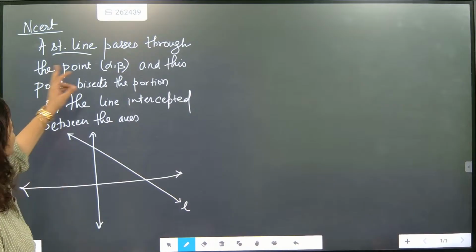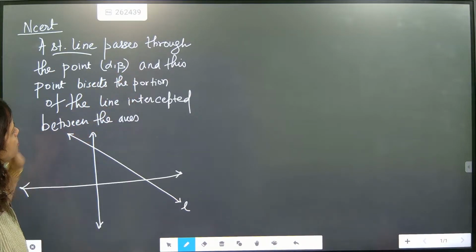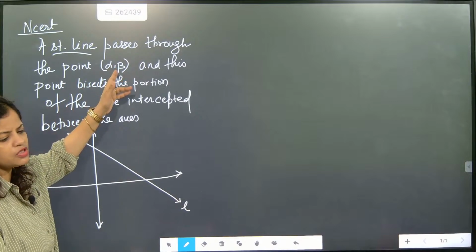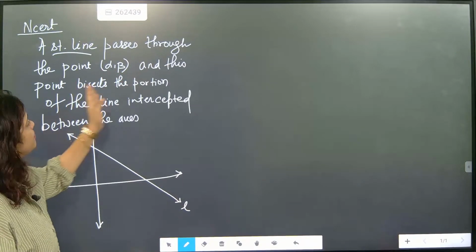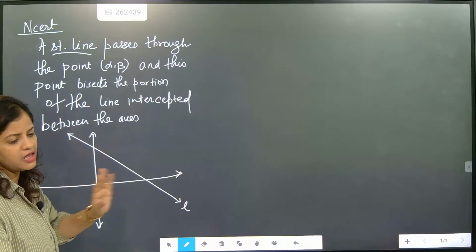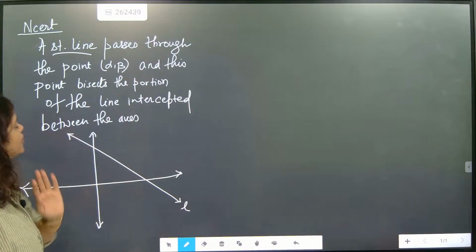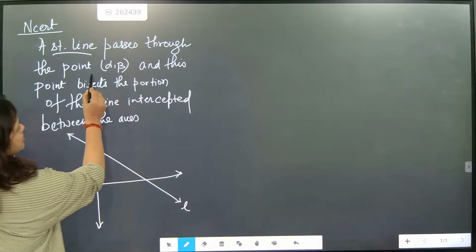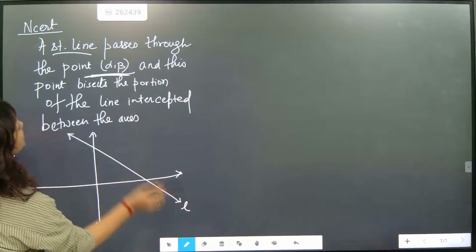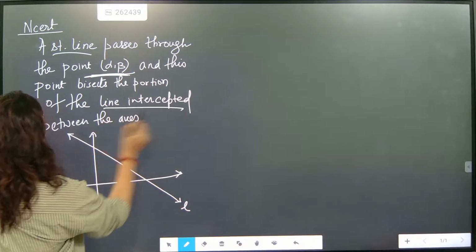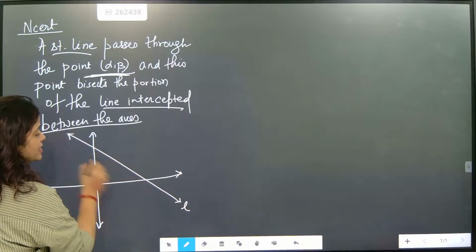First, a straight line passes through the point alpha comma beta. One straight line is there, passing through the point alpha comma beta. And this point is bisecting the portion of the line. This alpha comma beta is bisecting the portion of the line intercepted between the axes.